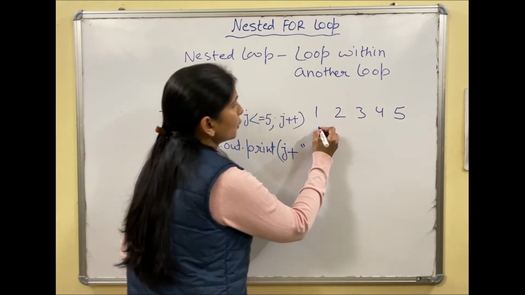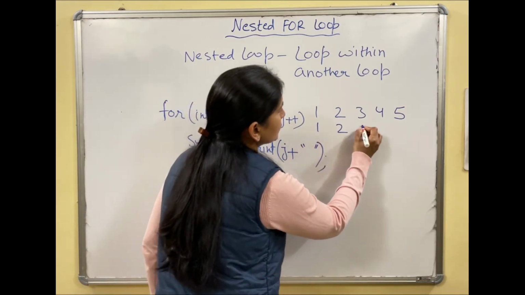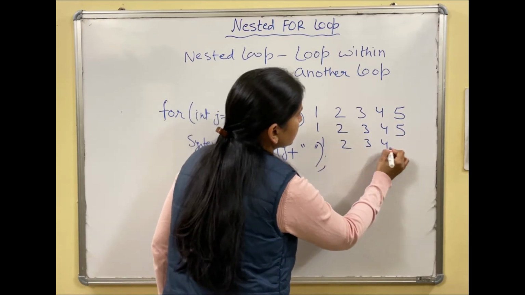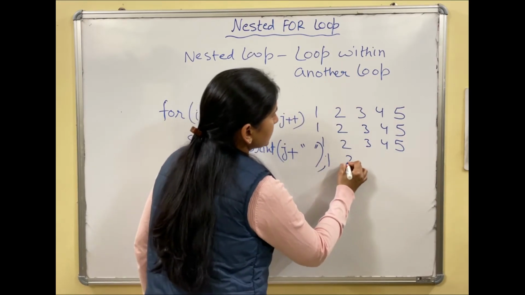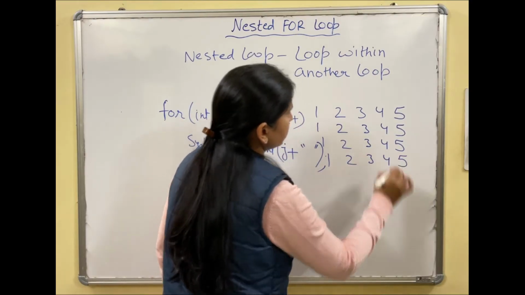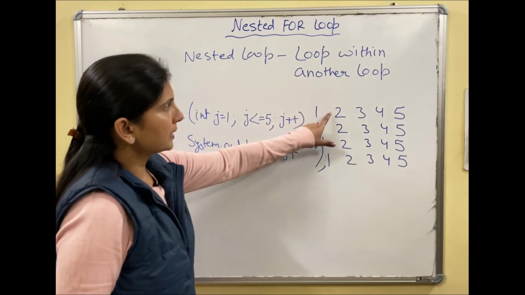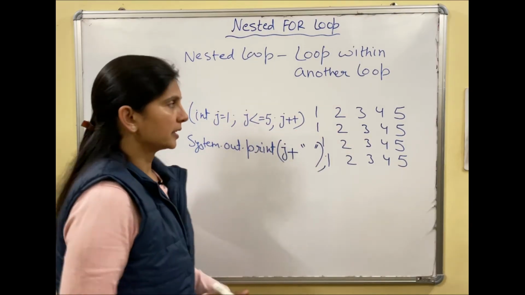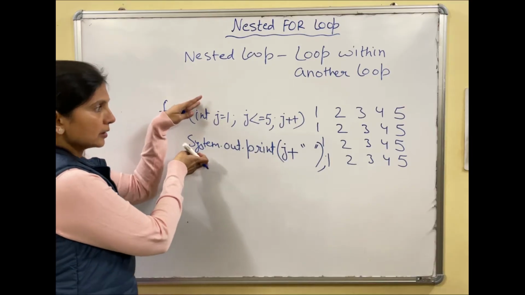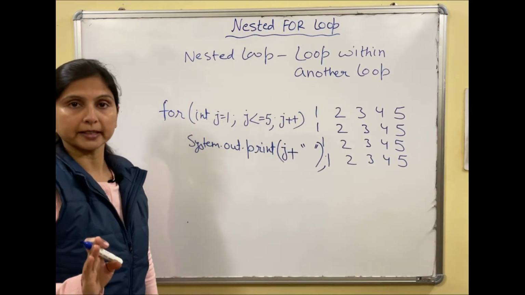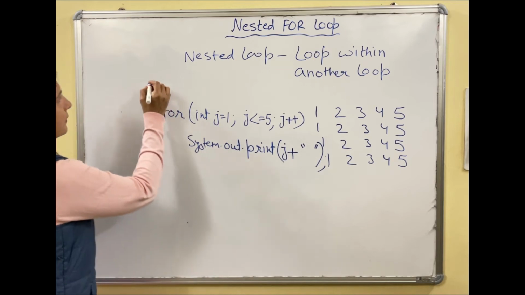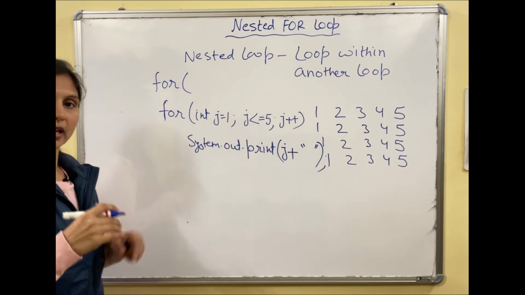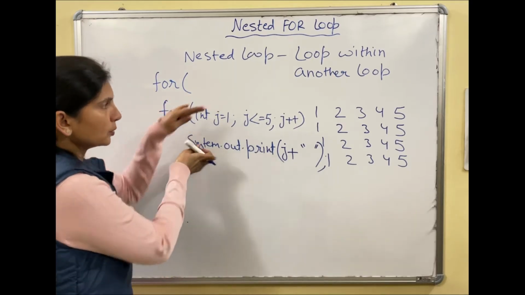Now if I say I want to display 1, 2, 3, 4, 5, 1, 2, 3, 4, 5, 1, 2, 3, 4, 5. Now I want to repeat this first row how many times? 4 times. It means I want to repeat this loop 4 times, right? And for that I will use another loop, and that is called the outer loop, to repeat this loop 4 times.